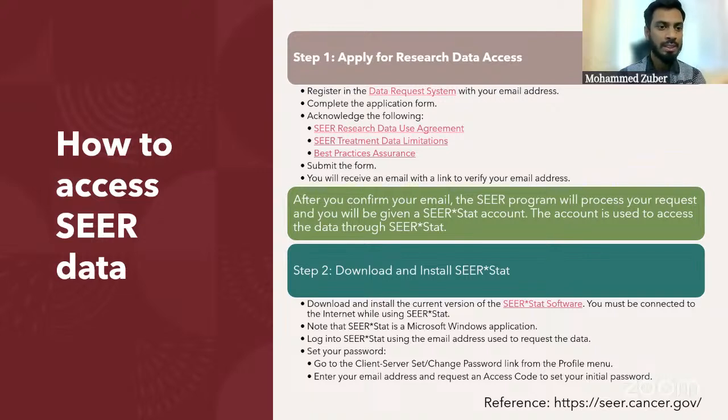Then you will receive an email. You have to acknowledge three forms and agreements. Once you do that, you should submit a form. Then you will receive an email with a link to verify your email address. Once you verify that, you will get your confirmation email from the SEER program to process your request, and you will be given access to a SEER*Stat account.